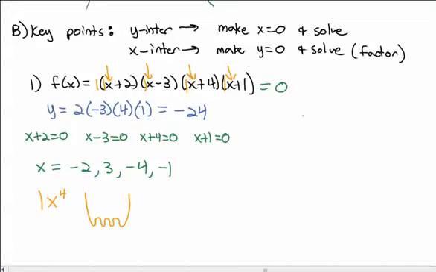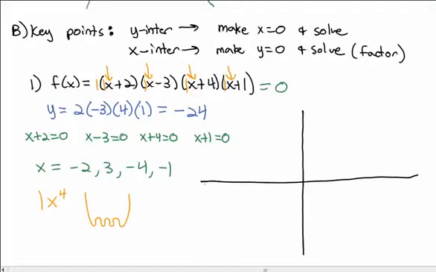So let's see if we can graph it. Our y-intercept is at negative 24, so I will just label down here negative 24, there it is. Doesn't have to be to scale. The x-intercepts are at negative 2, and 3, and negative 4, and negative 1.